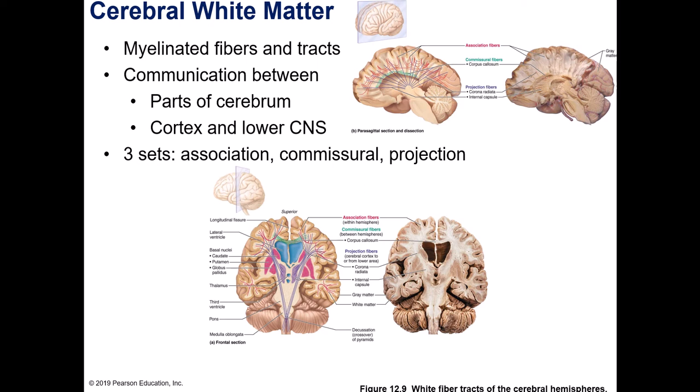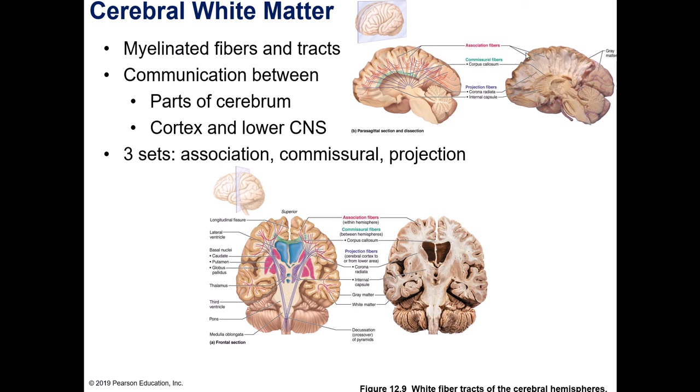There are 3 different types of tracks: association tracks, commissural tracks, and projection tracks. So association tracks connect parts of the brain that are in the same hemisphere. So, for instance, if the right motor cortex was speaking to the right premotor cortex, something like that, but parts of the same hemisphere.